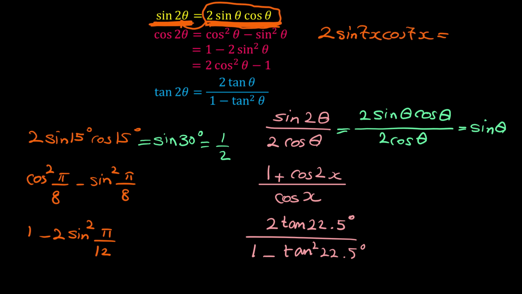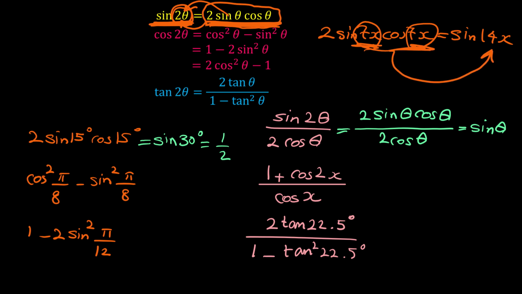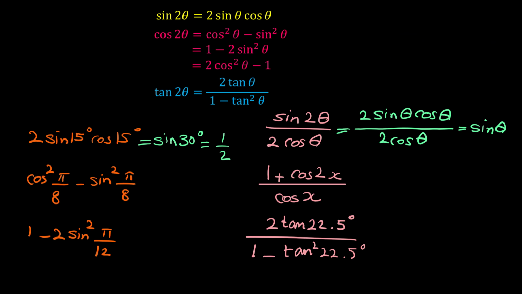This equals what? This equals sine of 14x. Because whatever is here, on the other side we have double of that. Here is 7x, so on the other side we have 14x. Let me ask you another question.